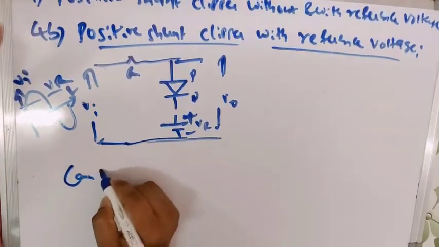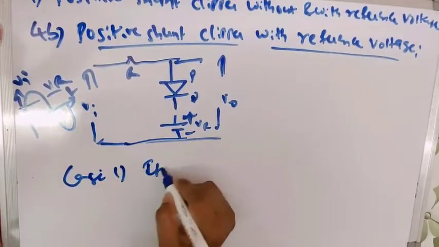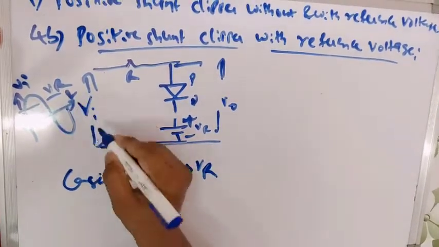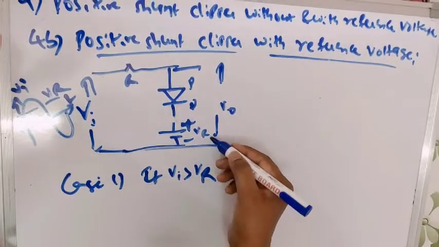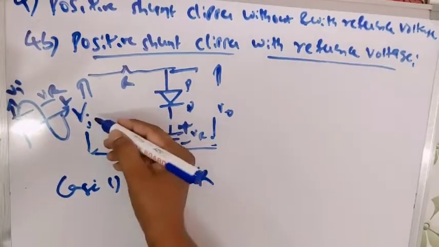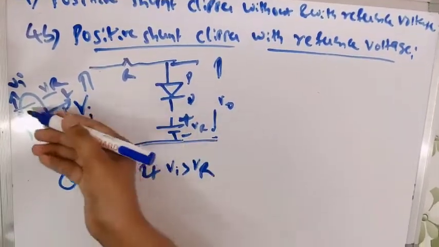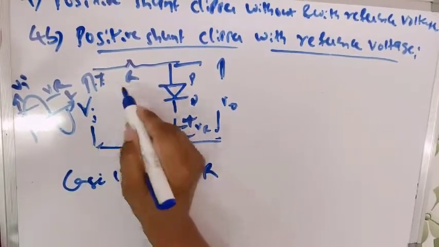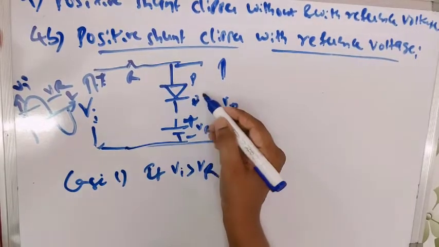Now case 1, if Vi is greater than Vr, whatever voltage we are applying here. If, for example, Vr is 2 volts, we are applying more than 2 volts. Then more positive voltage is applied to the P type, so the diode is forward biased.